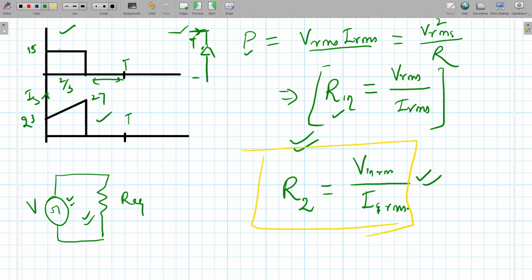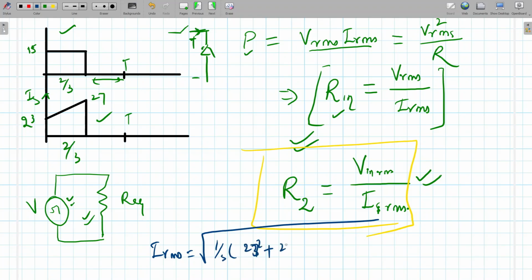What will be the RMS value of both signals? Can anyone tell? Here the duty is 2 by 3. So we can calculate I RMS. I RMS is equal to the square root of 1 by 3 times (23 square plus 27 square plus 23 into 27), into the duty 2 by 3.